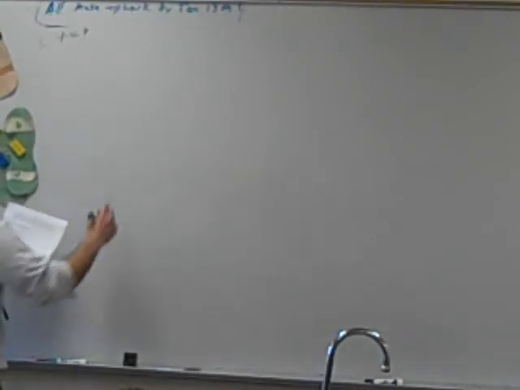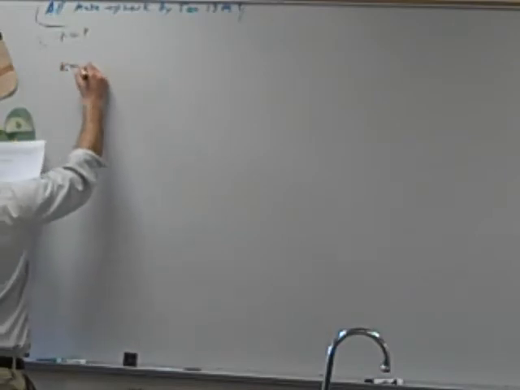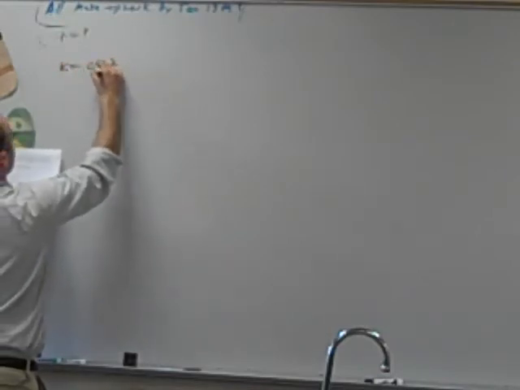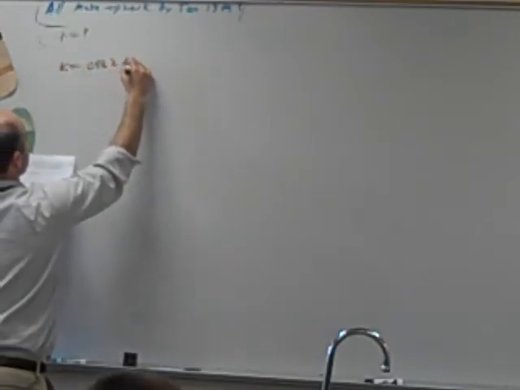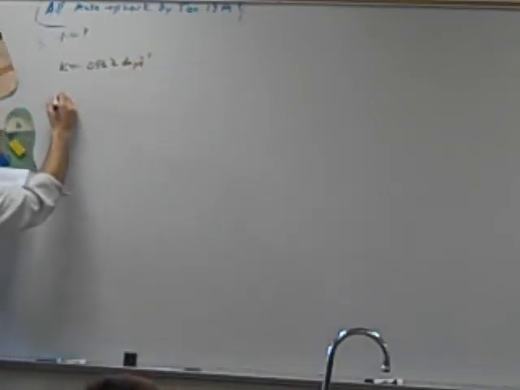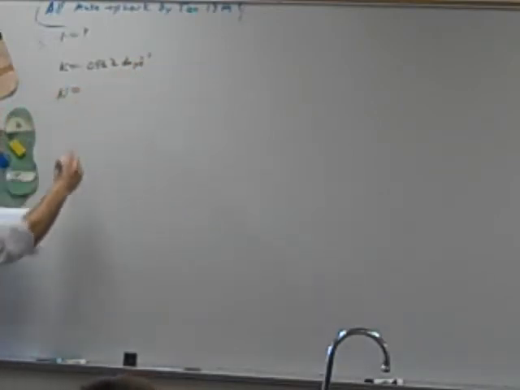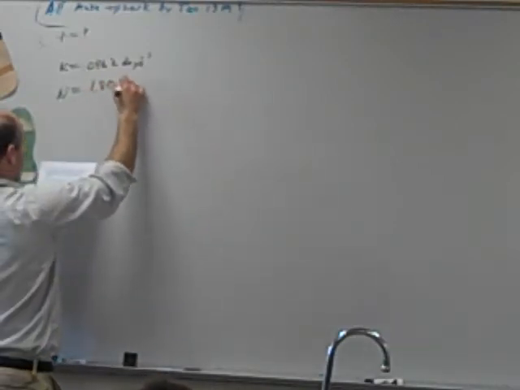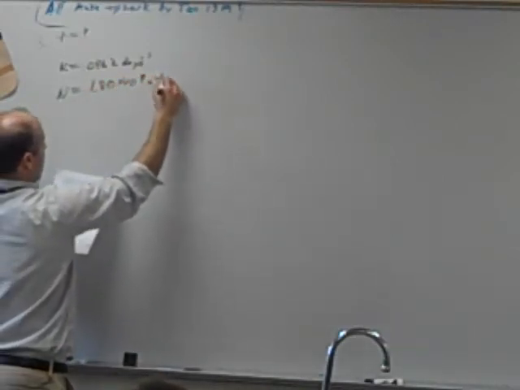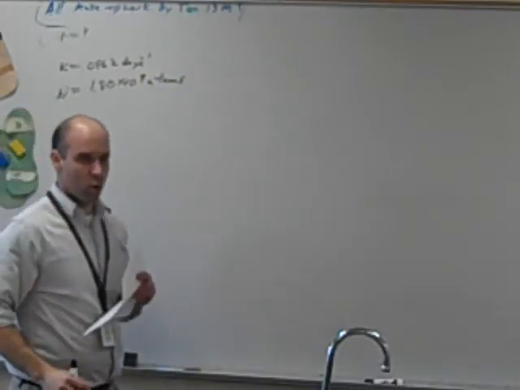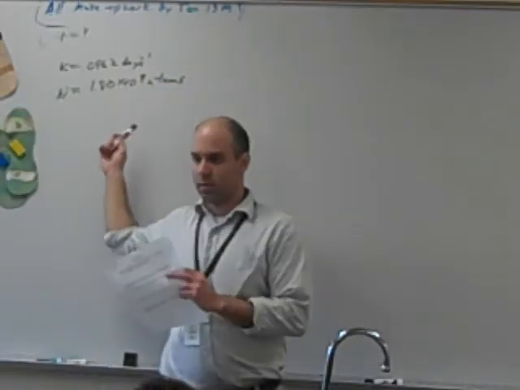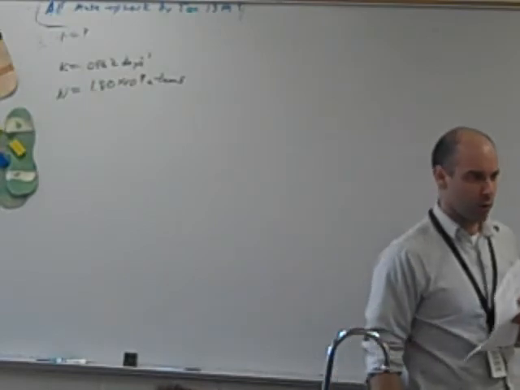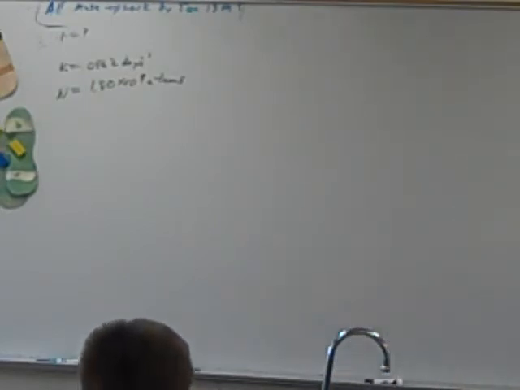What else do we know in this problem? We know the K value, 0.0862 inverse days. We know the final number of atoms, 1.80 times 10 to the 9th atoms. So when you drop below that value, you are no longer considered radioactive.